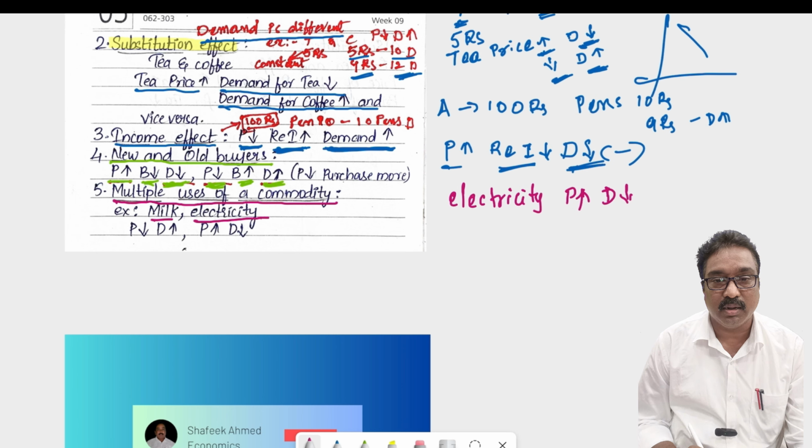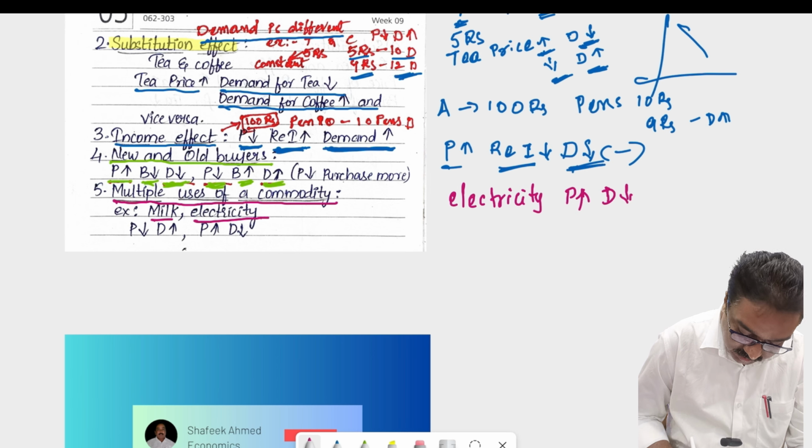Are you correct or not? If there is a high cost, per unit cost 20 rupees, 30 rupees, automatically we can reduce that demand. So then we don't use coolers, we don't use ACs, because there is a high price, high cost.